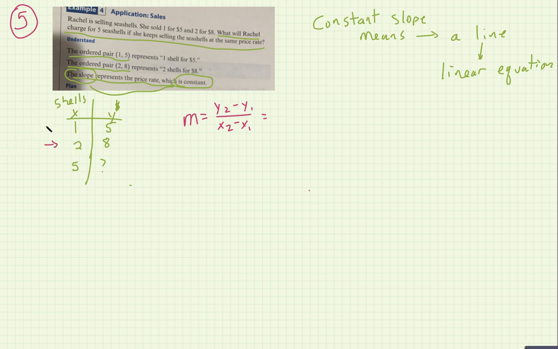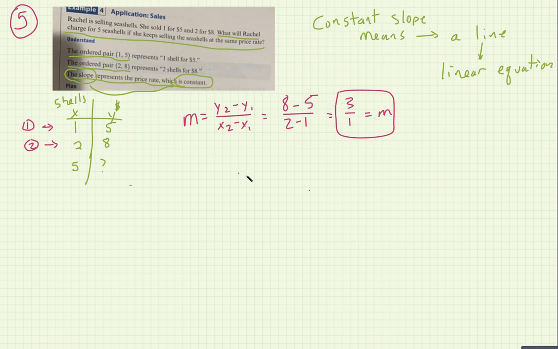So we're going to call this point 2 and this point 1. So y2 is 8 minus y1 is 5 over 2 minus 1 equals 3 over 1. So that is our slope, 3 over 1.